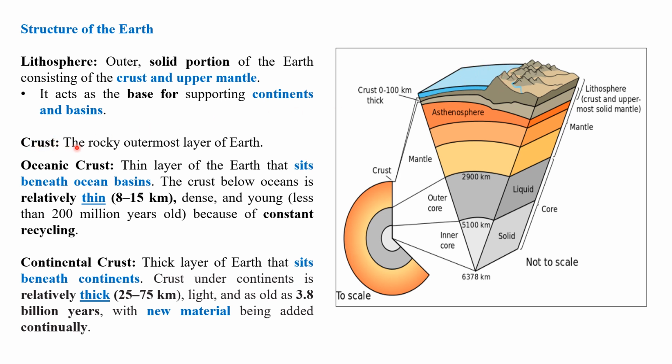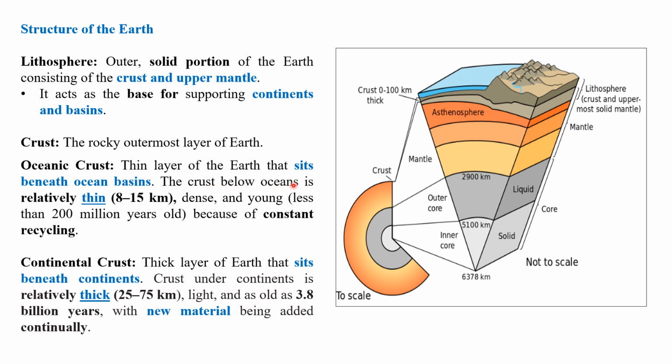Crust is the rocky outermost layer of the earth. Oceanic crust is the thin layer of the earth that sits beneath the ocean basin, that is the bottom of the ocean.